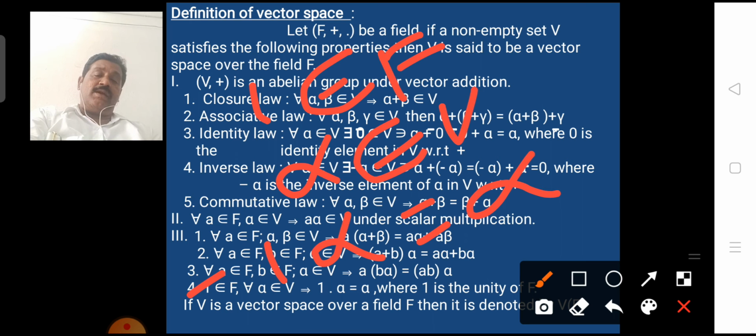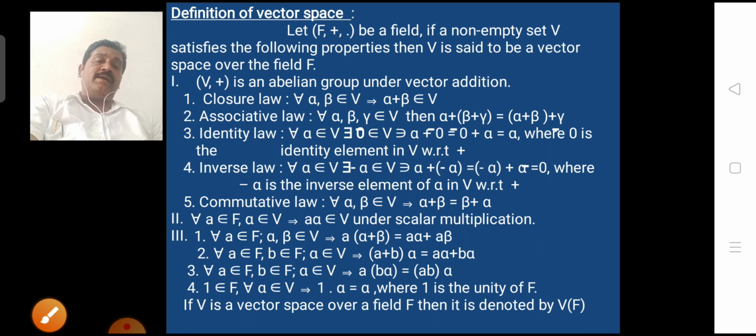Here 1 is called unity element of F. With these 3 properties, Roman numerals 1, 2, 3, we call V a vector space over a field F. If V is a vector space over a field F, then it is denoted by V(F).